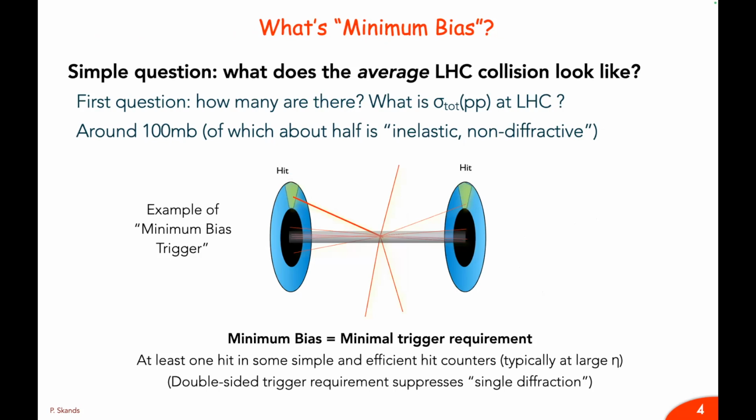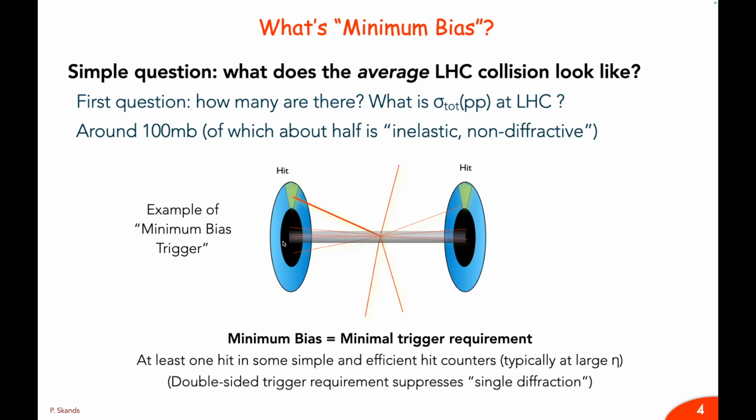Minimum bias is where you have some forward counters. I forget what they're called in the various experiments, but some scintillator plates or something in a very forward direction. And basically, if anything interesting happened, or any sort of scattering or exchange happened in the center of the event, then something will hit those plates, is the idea. So you'll capture most of the inelastic cross-section.